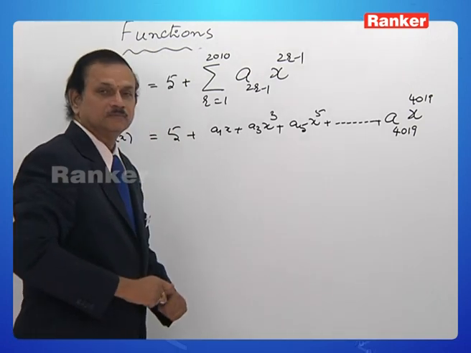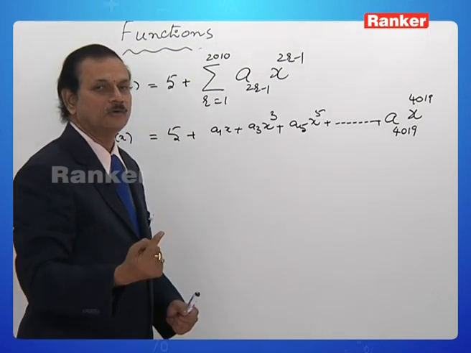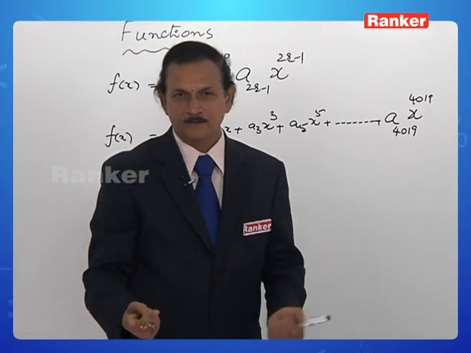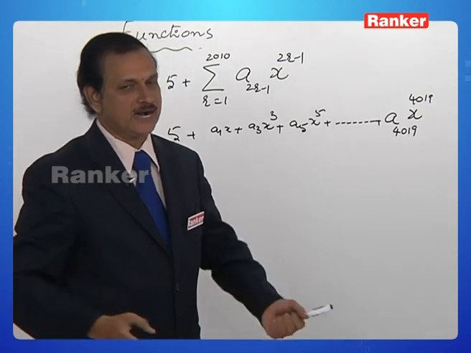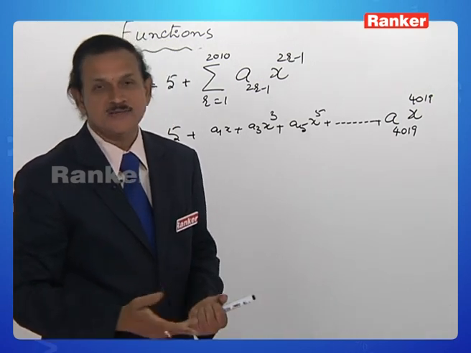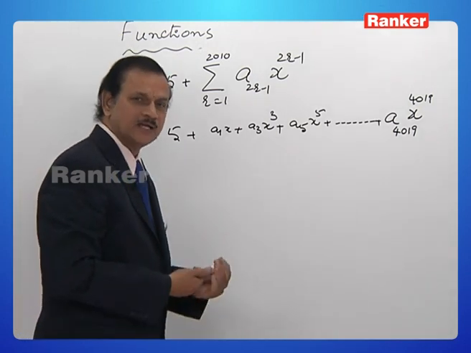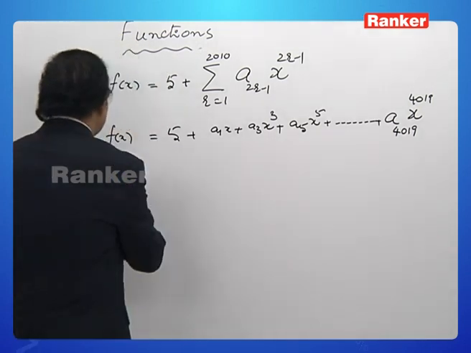Now, our plan is how to use the data to get the required value. Data is f of minus 1. Let us use it. And required is f of 1. Let us find it. First of all, what is f of minus 1? It is given to be 4.